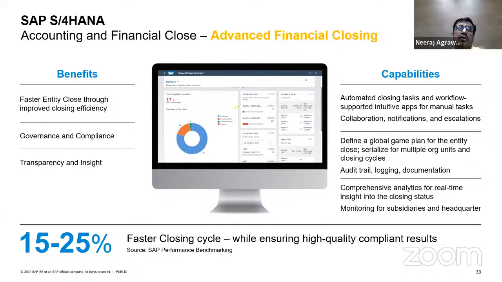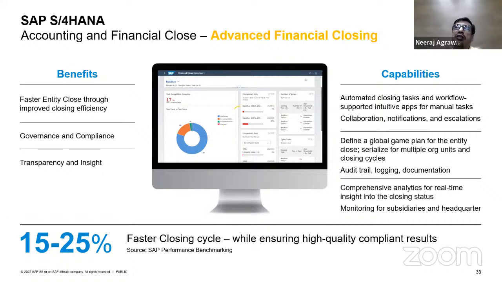So what kind of capabilities are we bringing in? By closing in a faster and efficient way, this solution would deliver many automated closing tasks and alerts, so that if there is an issue, you will know. Things would be supported through workflows, where you have some manual tasks. You can send those tasks, or inform that, okay, now it's your time to work on this particular task.